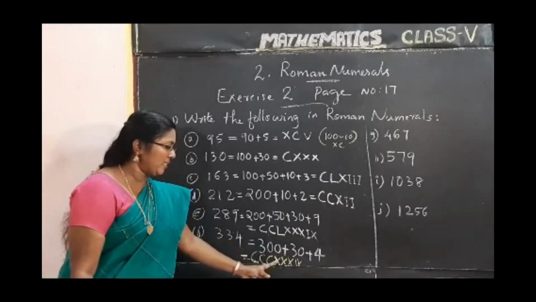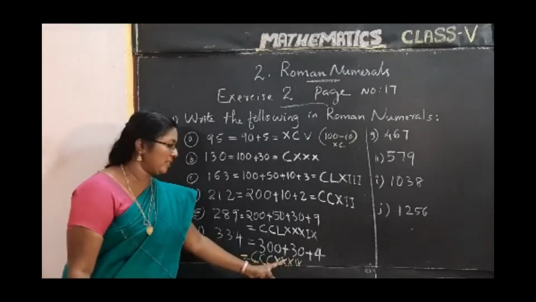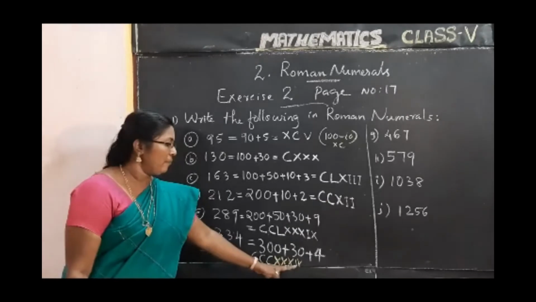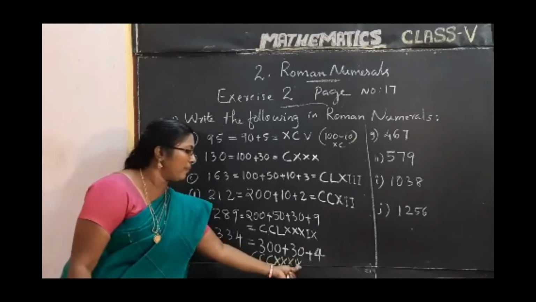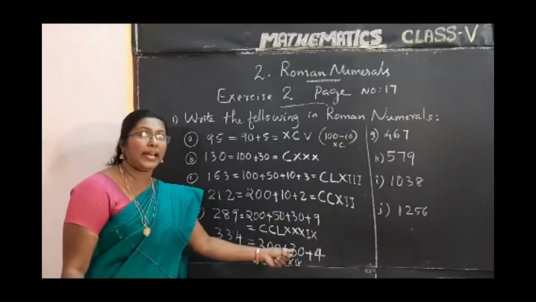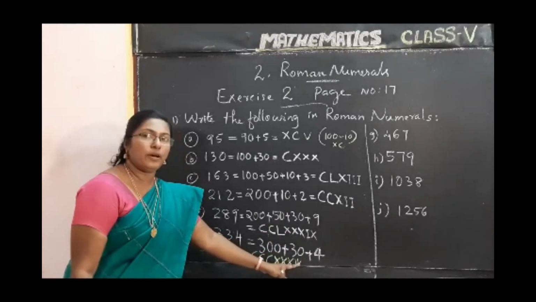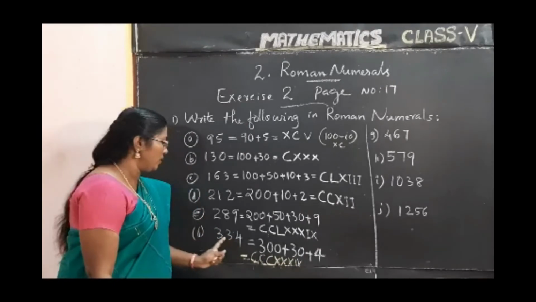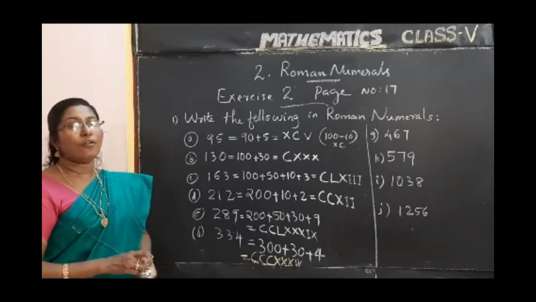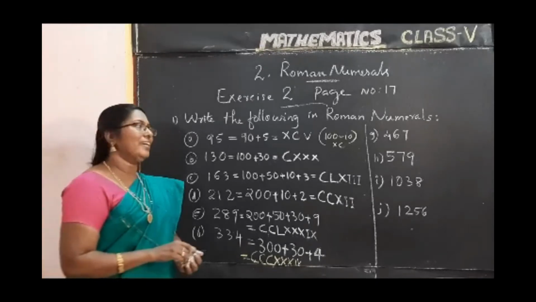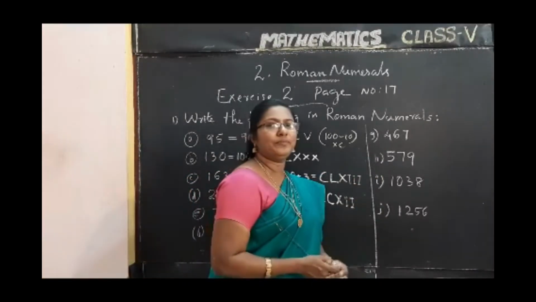Then 30, X plus X plus X, 10 plus 10 plus 10, 30. Plus 4. IV makes 4. We cannot write IIII, so IV, 5 minus 1, 4. 334. Okay, clear? Okay. The next one.